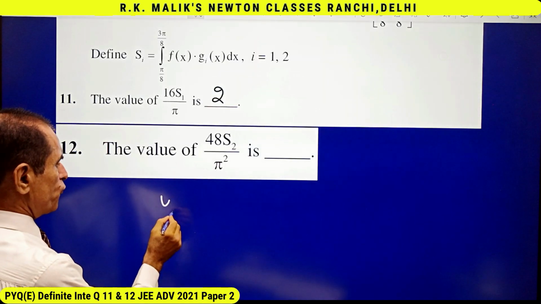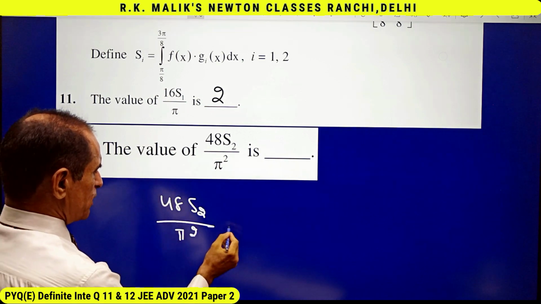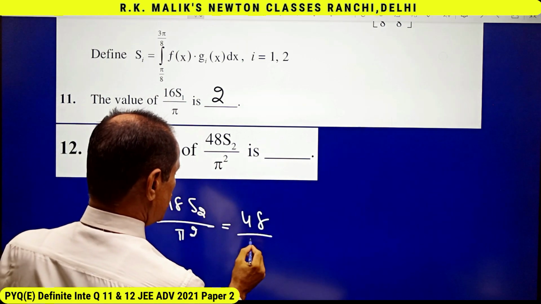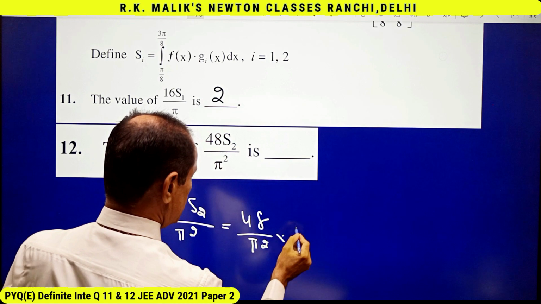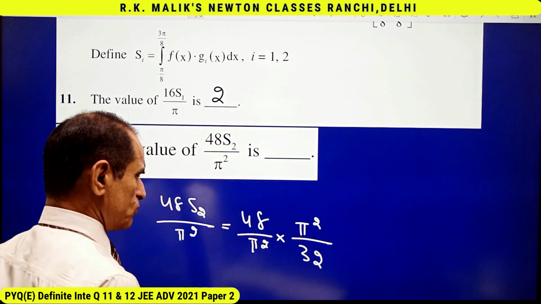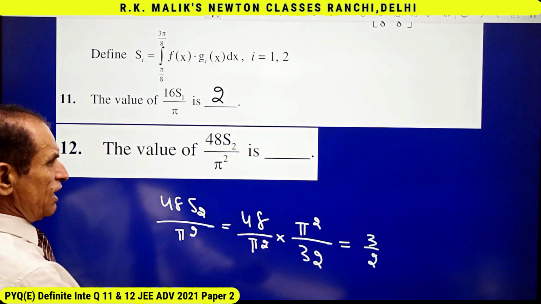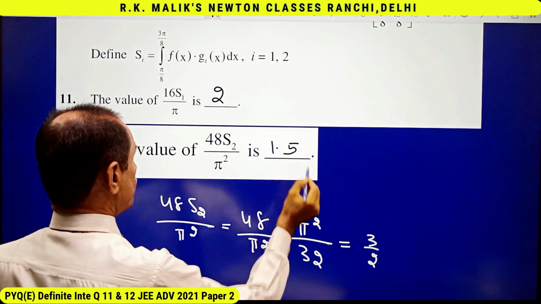Hence the value of 48 S2 upon pi square becomes 48 by pi square into pi square by 32, which is 3 by 2. Hence the answer to this is 1.5.